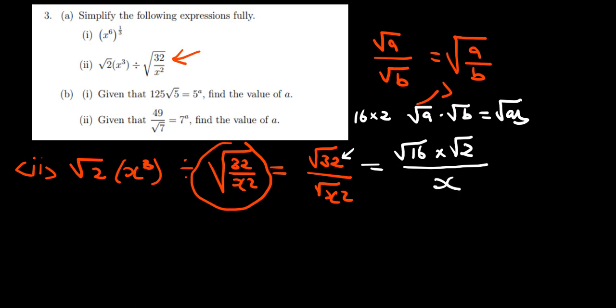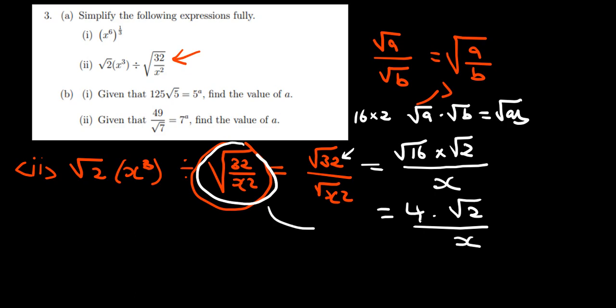So from there we know that the square root of 16 will just be 4 multiplied by the root of 2, and then we are dividing by x. So we see that whatever we have on the right hand side here has become this.